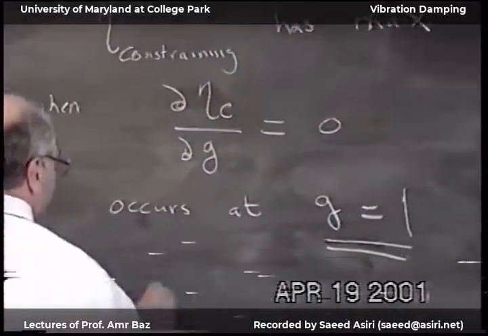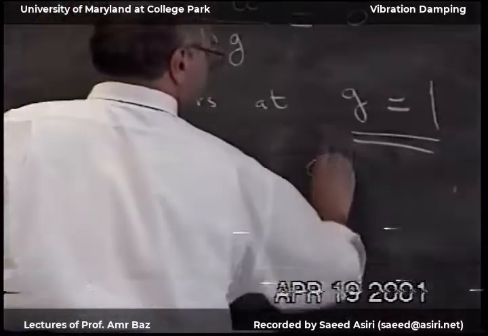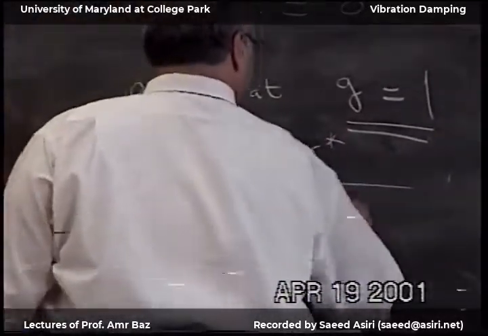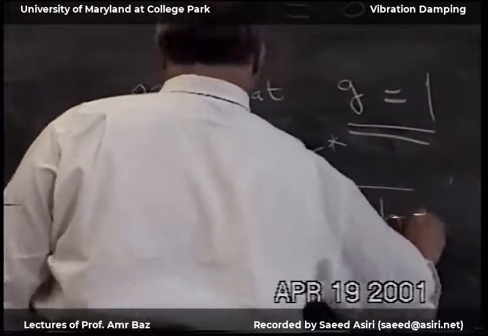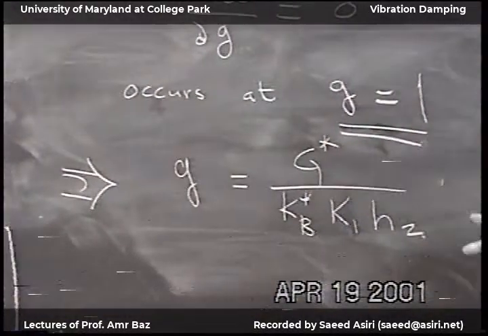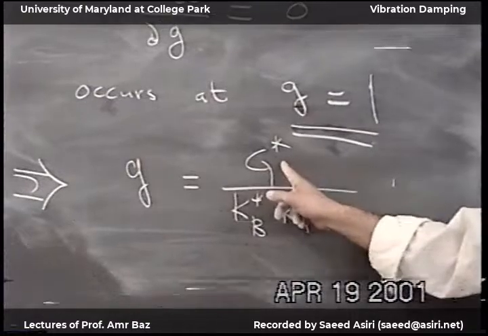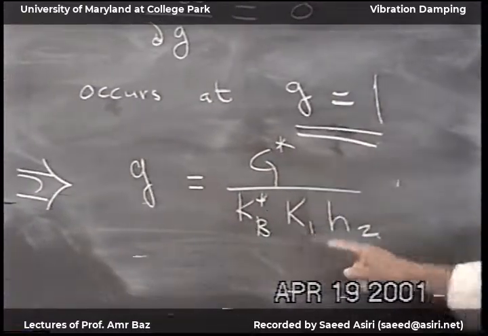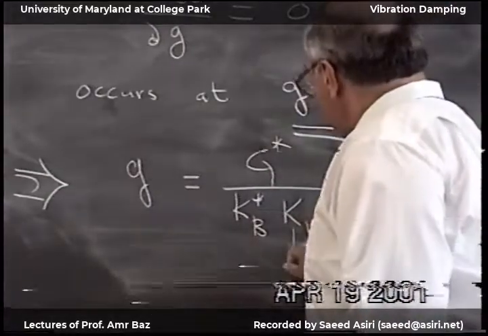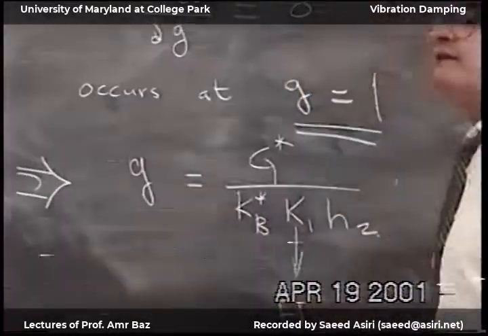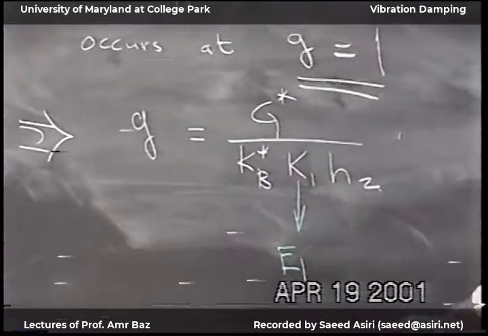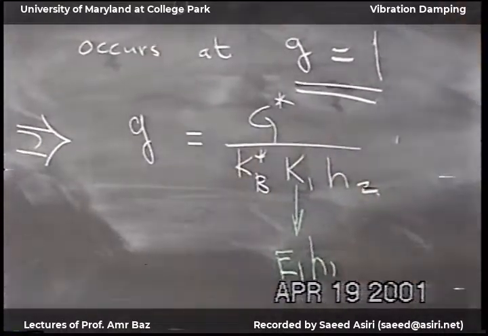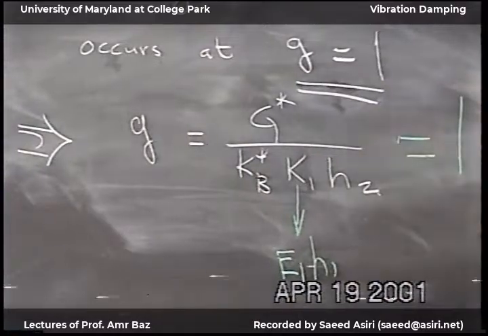Then this means you get a relationship between the material property and this number. We wrote it down as E1, H1, and the geometry of the constraining layer.